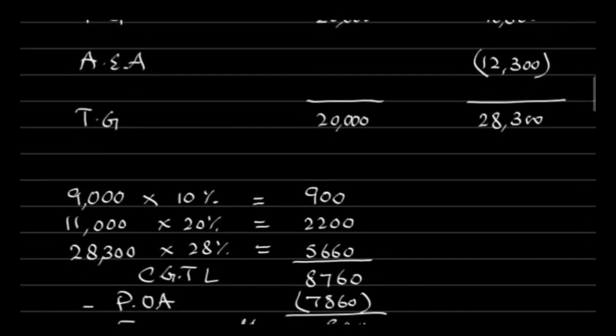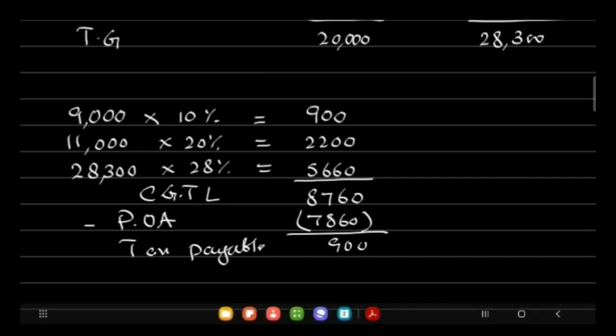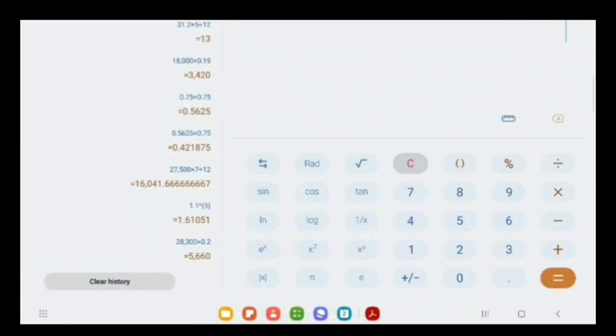I think there was a little calculation mistake, and that is the tax on 28,300 at the rate of 28% is 7,924.